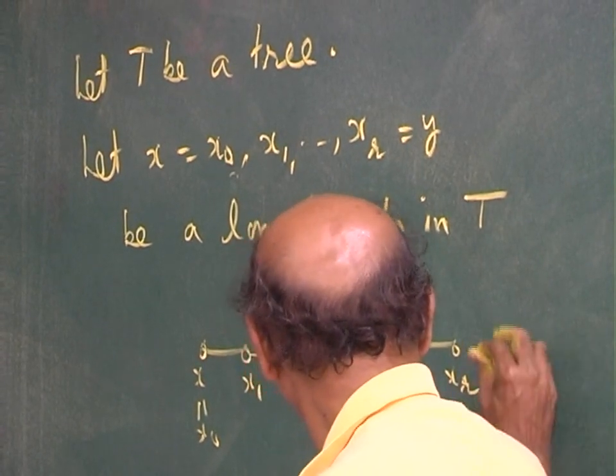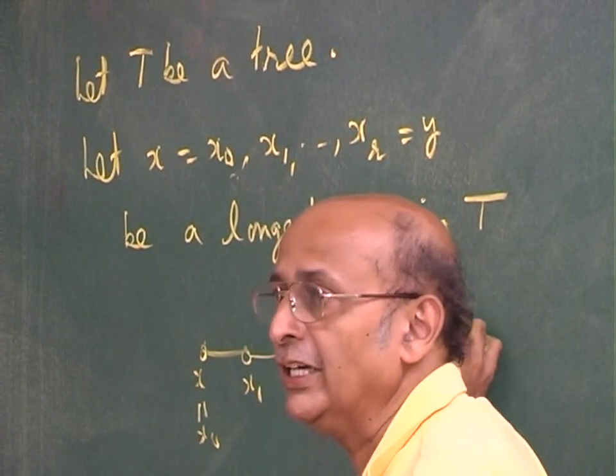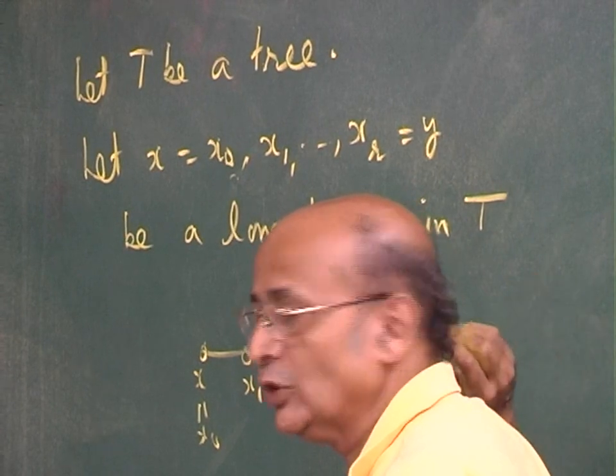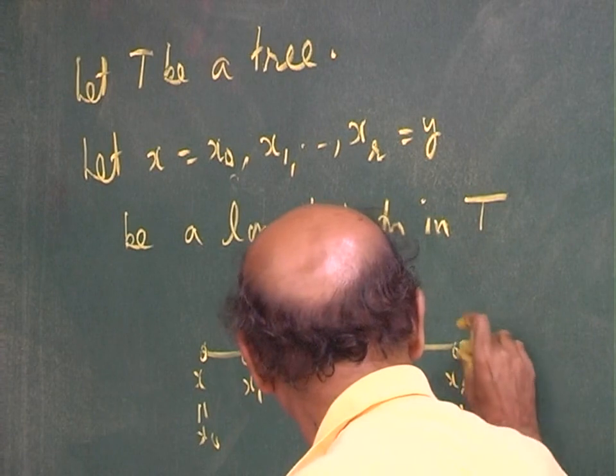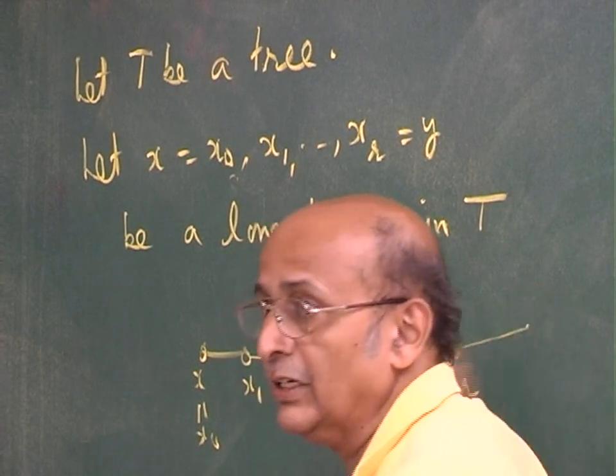Then my claim is there cannot be any edge going out of y. That is not possible. If at all there is an edge going out of y, that will construct a longer path.